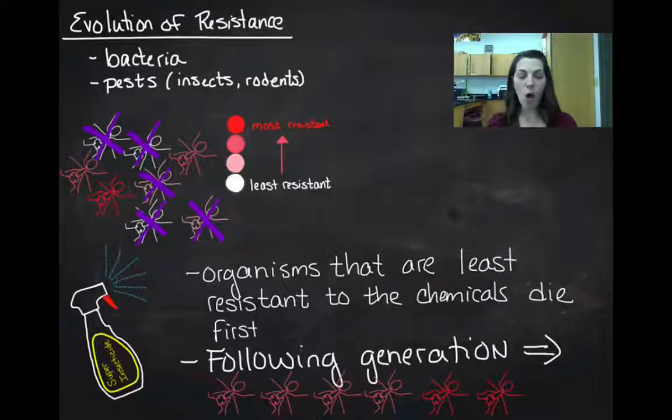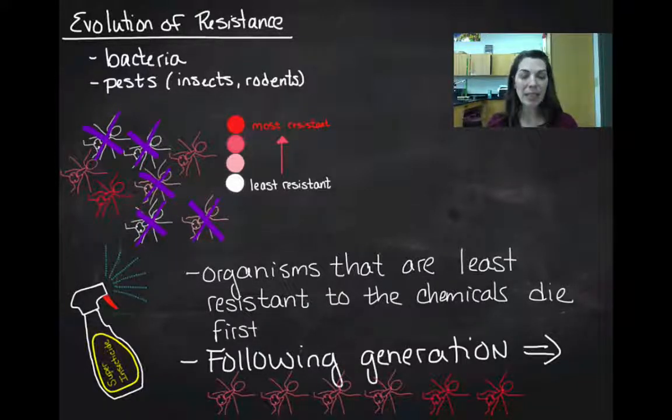And we're doing this all of the time with all pest species and with bacteria. So when you go to the doctor and he or she prescribes an antibiotic for you, what's happening is you have bacteria in your body that are naturally resistant to antibiotics, with different levels of resistance. And so when you take the antibiotic, you're killing off all of those bacteria that are not resistant to that antibiotic.